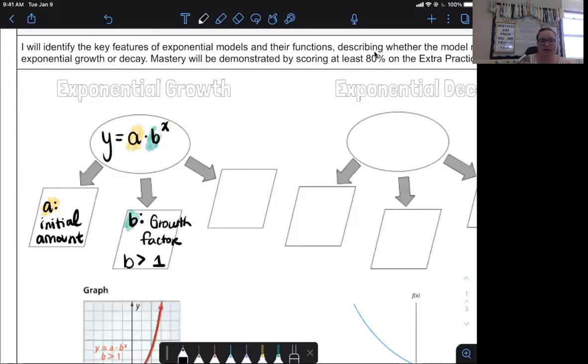Then to find b, b will always be equal to 1 plus r, and r represents your growth rate.